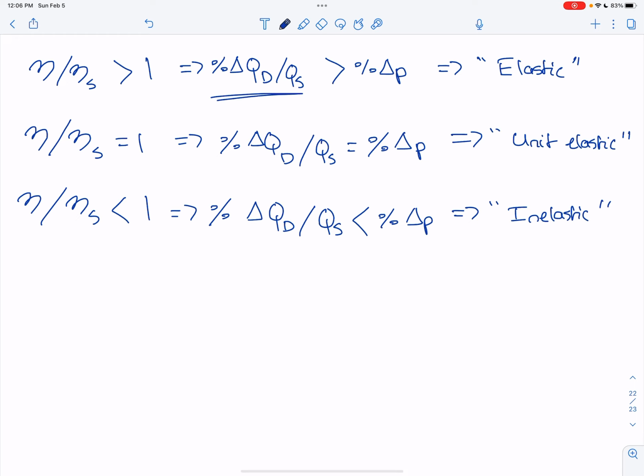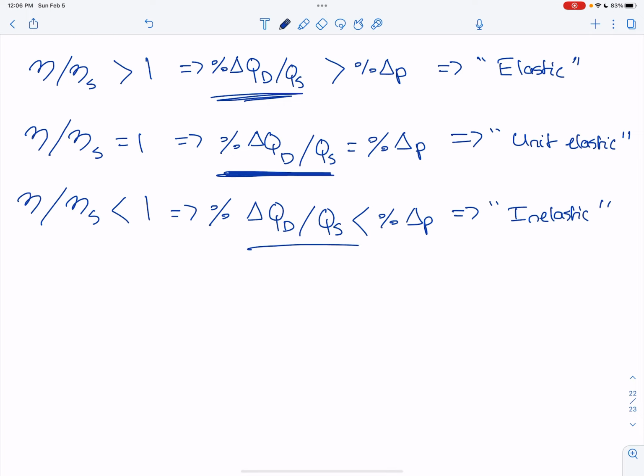Here, we have quantities demanded or supplied that are very, very sensitive to a change in price. So even a small change in price will result in a comparatively larger change in quantity demanded or quantity supplied. Over here, a percentage change in price would equal the exact same percentage change in quantity demanded or quantity supplied.